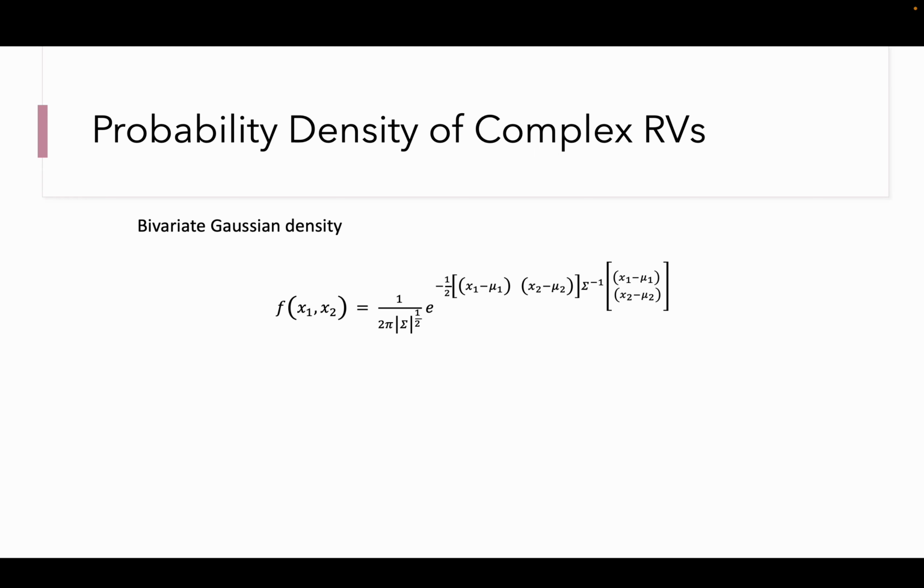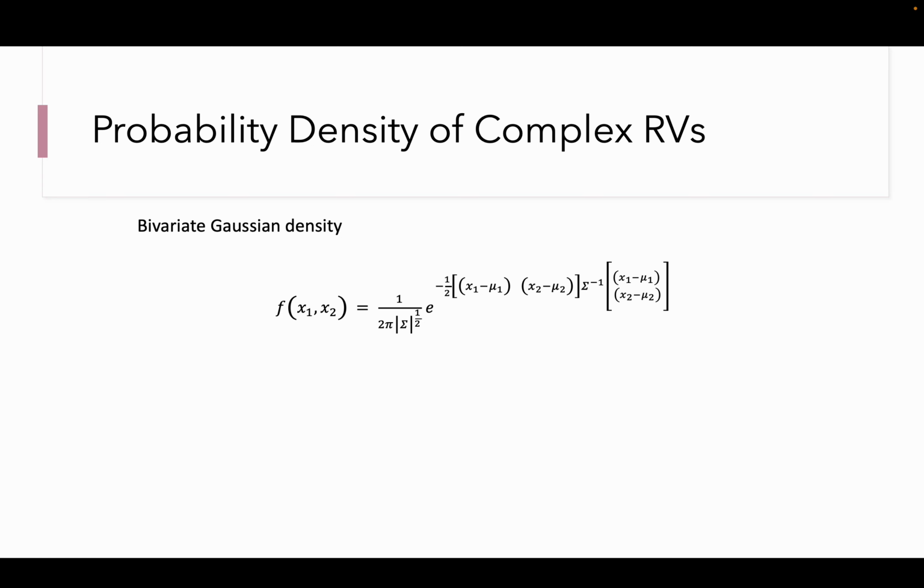Now let's look at the typical bivariate Gaussian density. How does it look? You can see on the screen the bivariate Gaussian density, which is f of x1, x2, and there's a big expression. This expression contains x1 minus mu1 and x2 minus mu2 and a capital sigma.